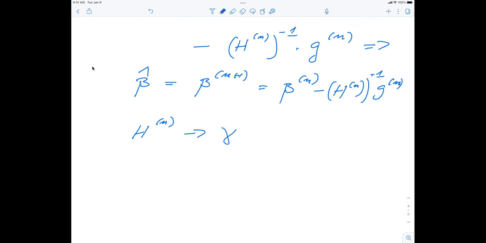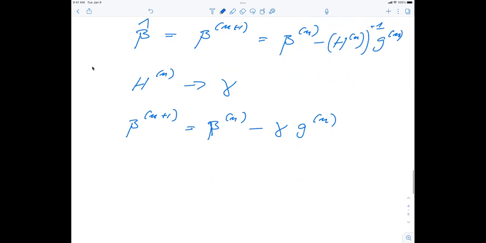So the iteration n plus 1 is now given by beta of n minus gamma multiplied with the gradient after the nth iteration. And this parameter, as we said yesterday, is normally called the learning rate in the literature. And that becomes a new hyperparameter.